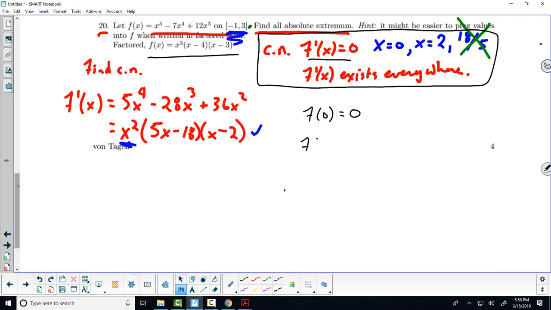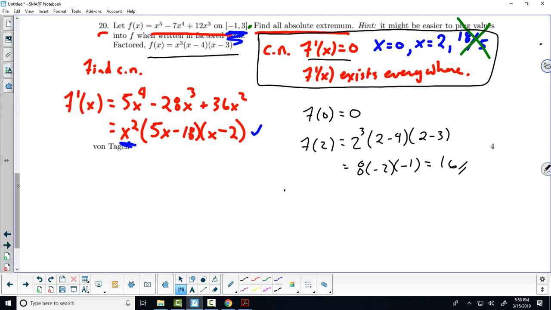If I evaluate 2 into the factored function, let's see, I get 2 cubed times 2 minus 4 times 2 minus 3. So that is 8 times -2 times -1, which is equal to positive 16. Okay? So now we've evaluated the two critical numbers in the function.